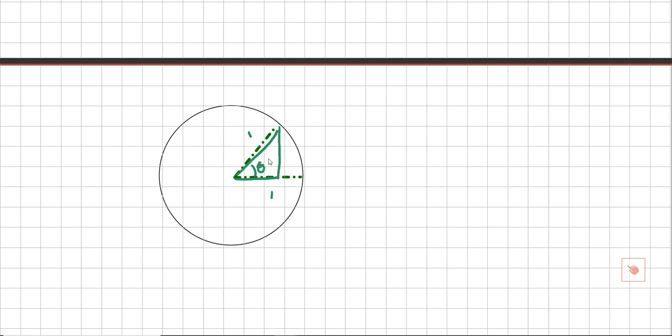And do you remember I said that this line could go round the circle to create different triangles? Remember doing that? So for instance, if I put this one here, that would be this angle all the way around.